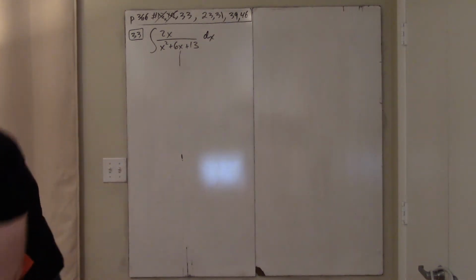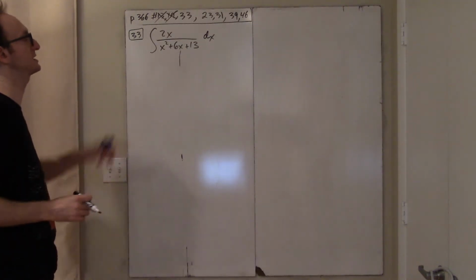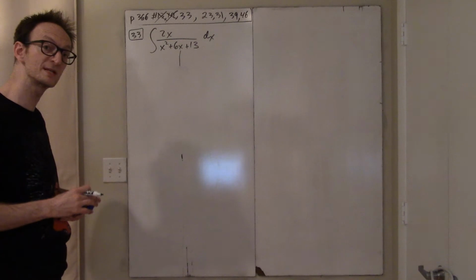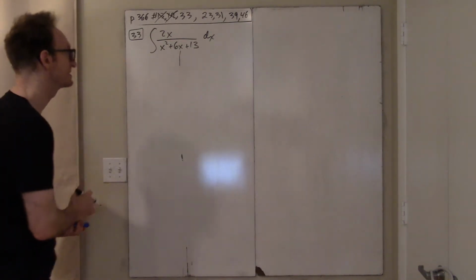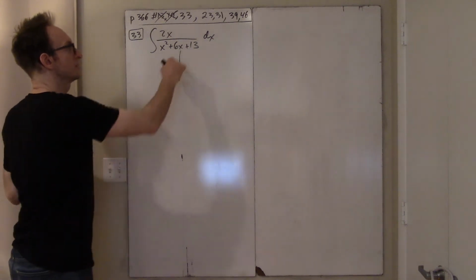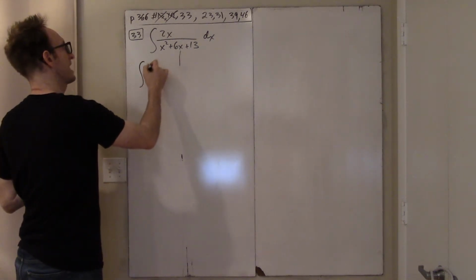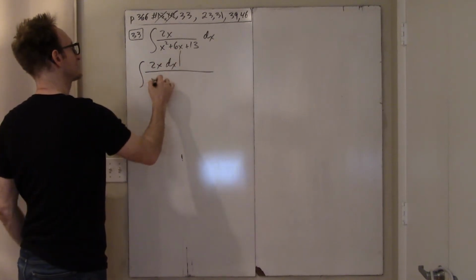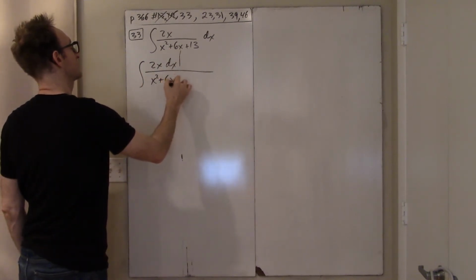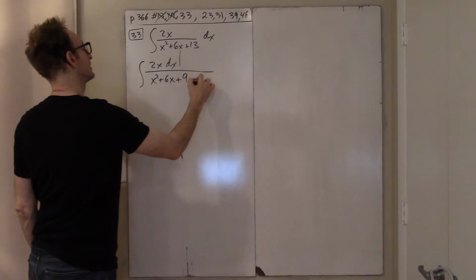It's a rational function, and I can't do any polynomial long division because the degree of the numerator is less than the degree of the denominator. What can I do? I don't really know even what I have until I can complete the square to understand that denominator a little bit better. So when I do that, I get that this is, of course, x squared plus 6x plus 9 plus 4.